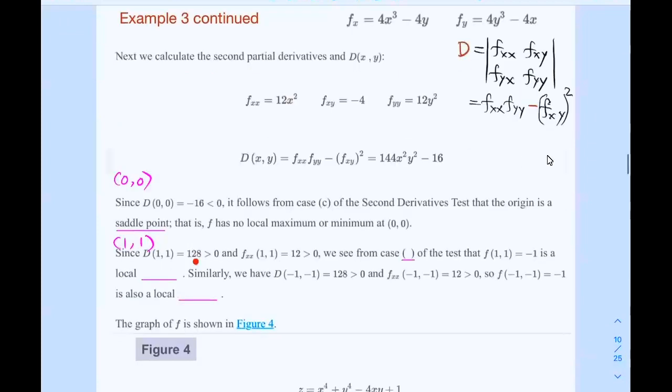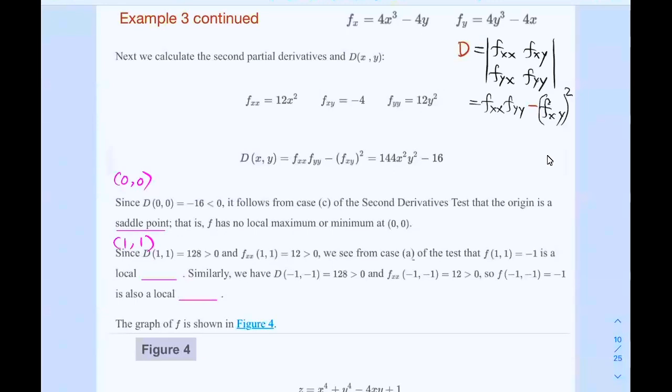D is positive, fxx is positive. Which case is that? Case 1? Yeah. Just 1. So from case A, the first case, the function value at that point is a local one.